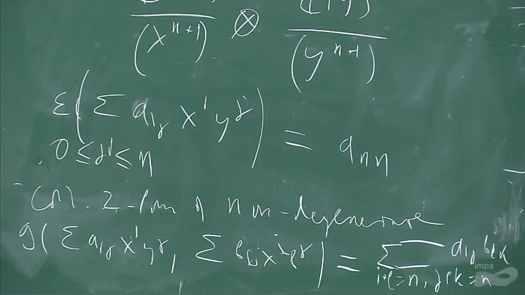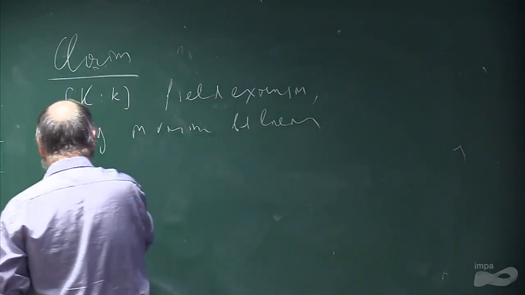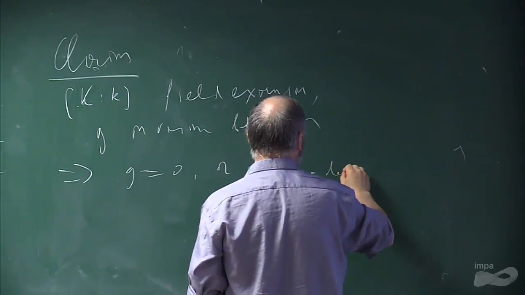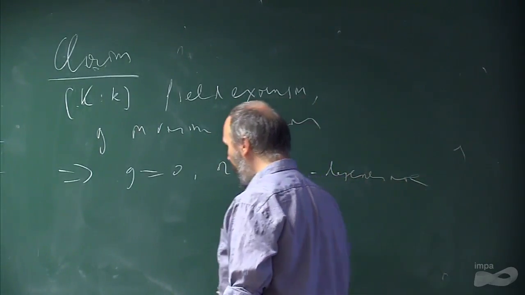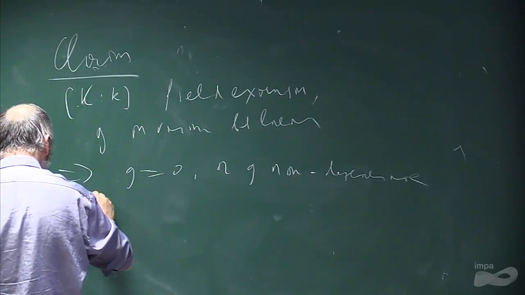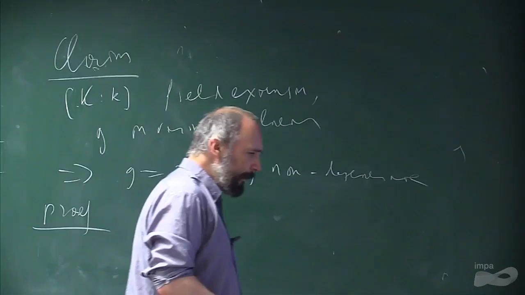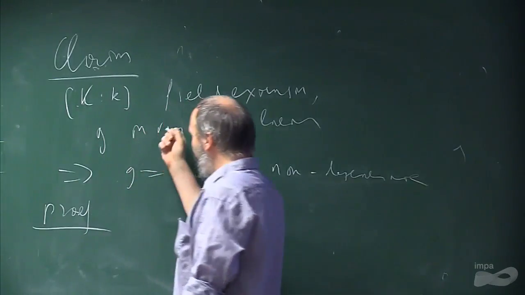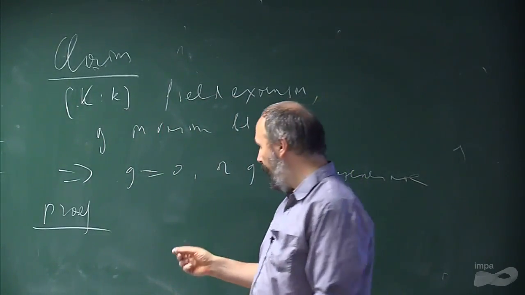If you have K big over k small a field extension, and G an invariant bilinear form, then G is equal to 0 or G is non-degenerate. Proof. Okay, so suppose epsilon, this has units, so G is determined by epsilon.